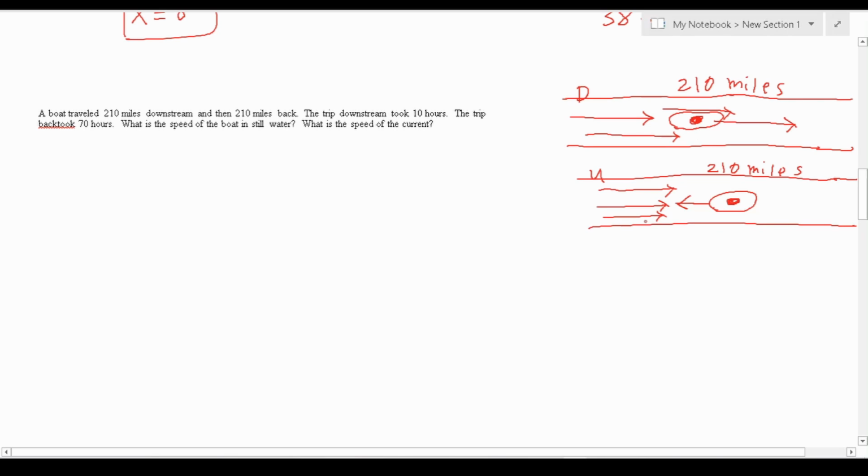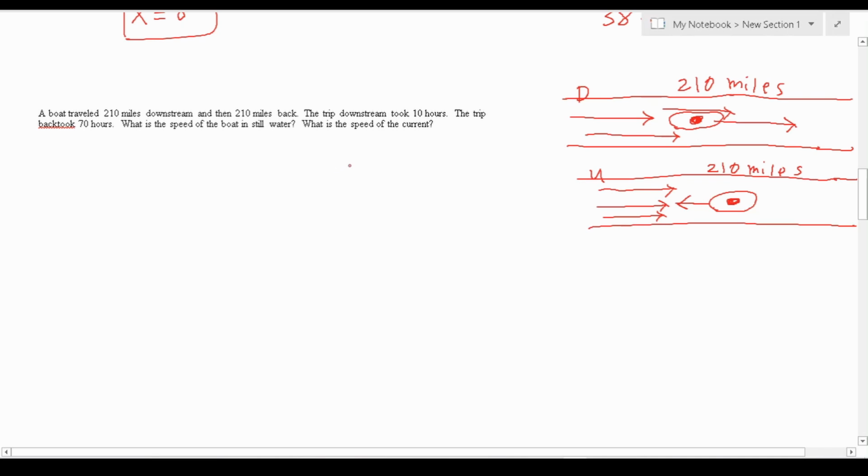Okay? So, in light of that, we have to figure out how to write this equation such that we can use the system of equations to solve it, but we also need to account for this new variable, namely the speed of the current.